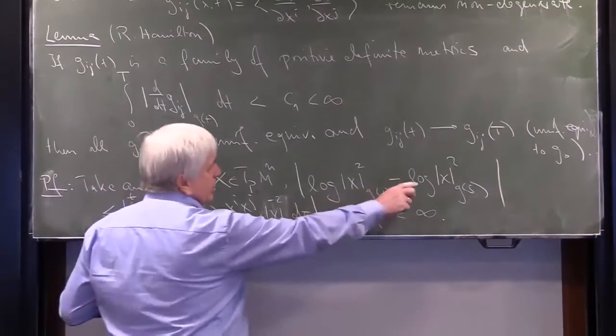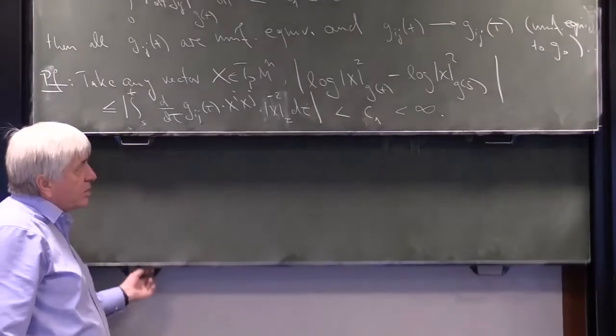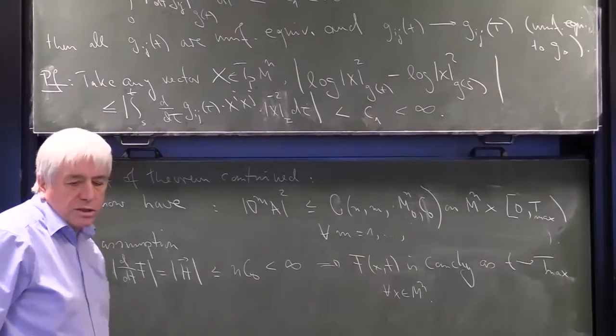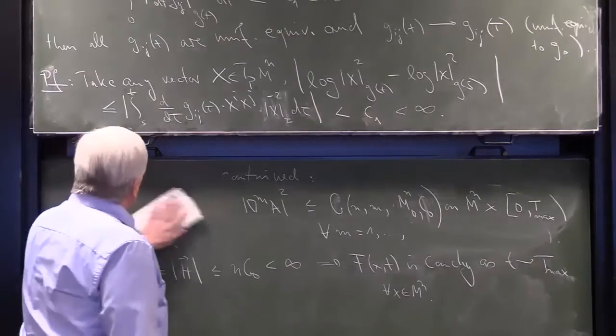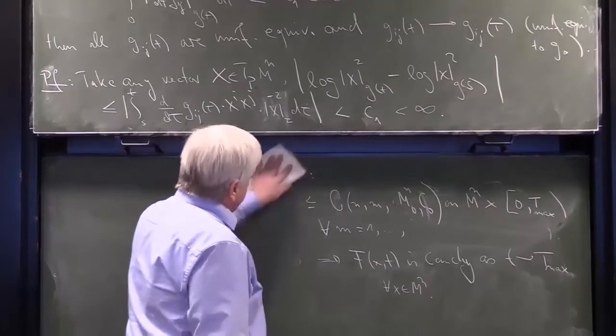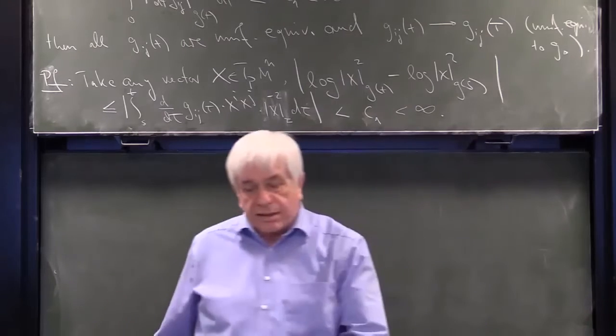But the difference of the logarithms is, of course, the logarithm of the quotient. And so I get the logarithm of the quotient estimated both away from minus infinity and from plus infinity.